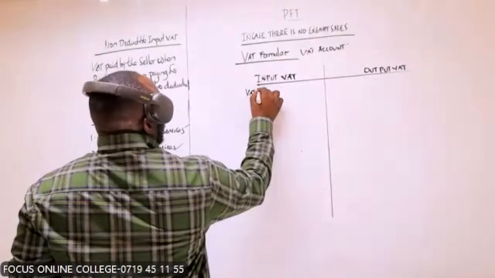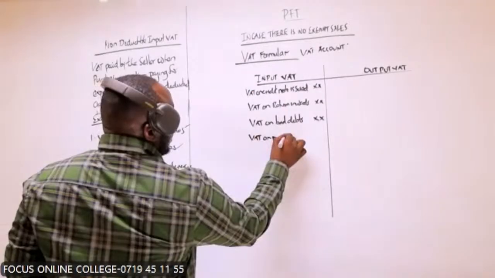Then VAT on purchases. Then you have VAT on debit not received. Then we have VAT on expenses.